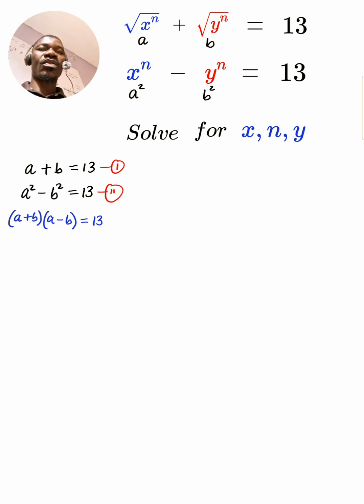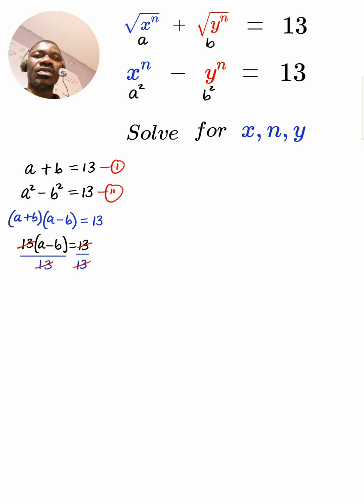That brings us to 13 into a minus b equals 13. Since we have 13 here and 13 here, the best thing to do is to divide both sides by 13. This 13 clears off this, and this clears off this. So our new equation will be a minus b equals 1. Let's make this equation 3.